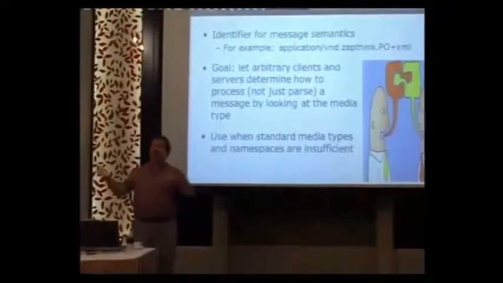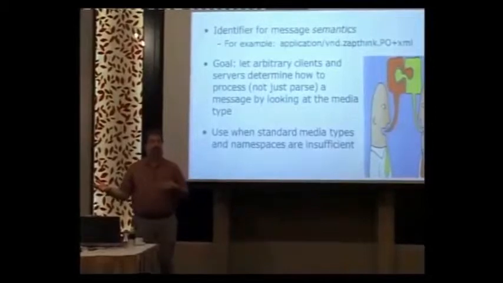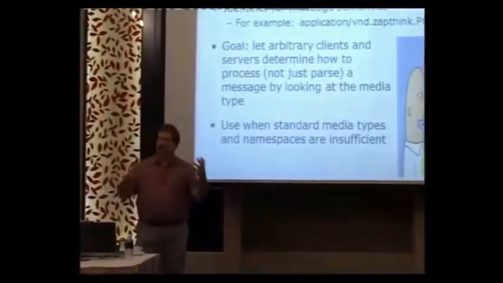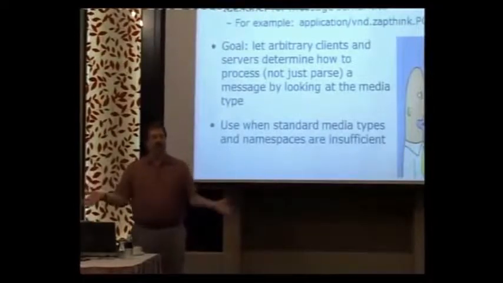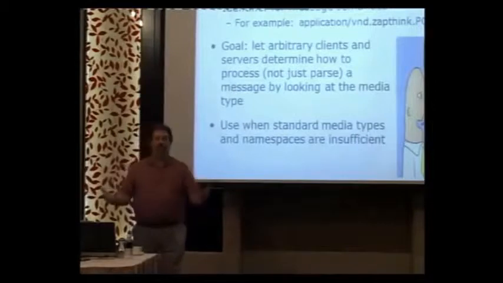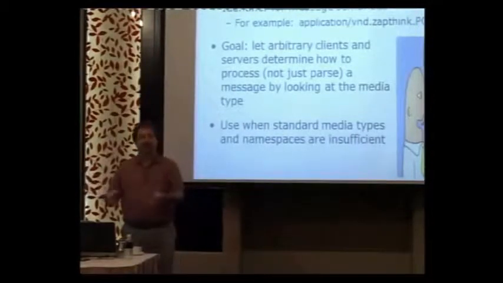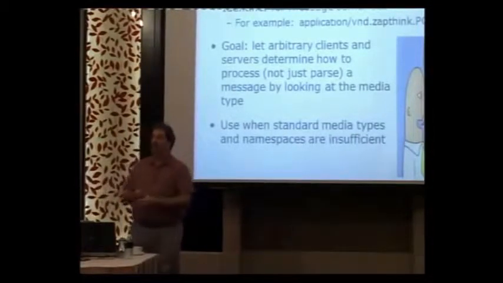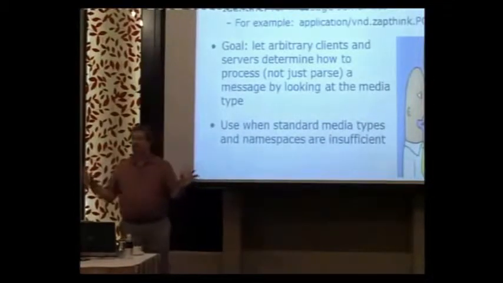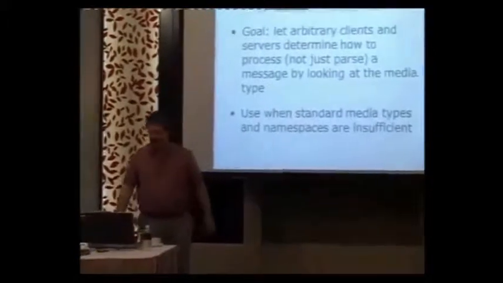Of course, the downside is the client has to know about this media type ahead of time. But that's the way it is with semantics, right? Semantics is all about getting together in a room and agreeing on what you mean by terms. And REST doesn't solve that problem, but it gives you a formal way of putting custom semantic information into your interactions in the form of custom media types. So it's not the best solution in the world, but it's how REST does it.